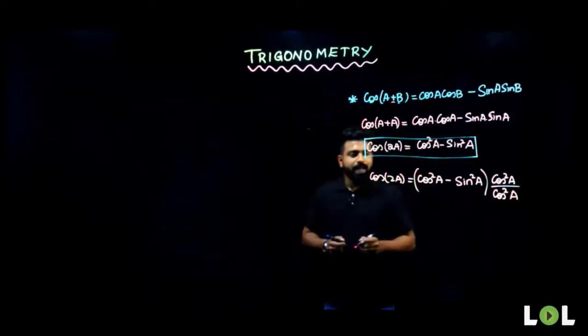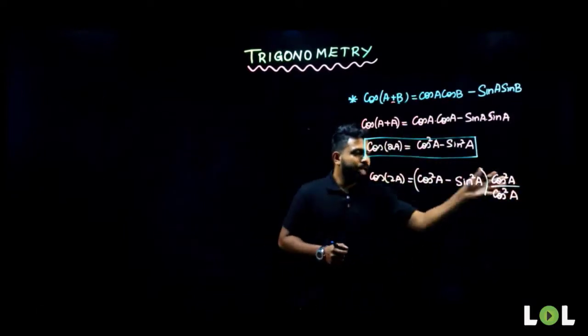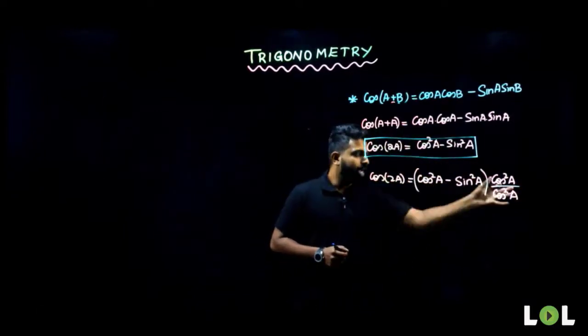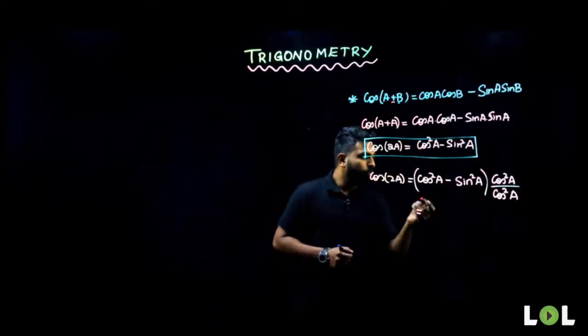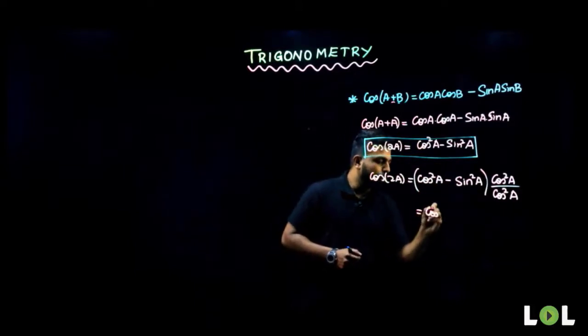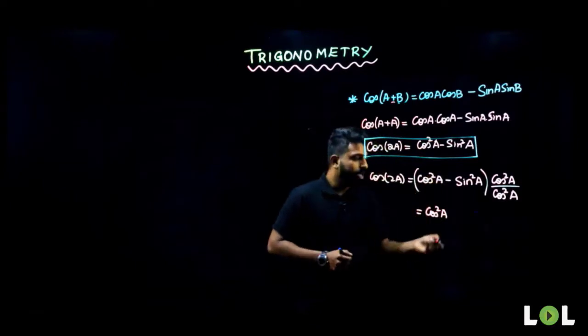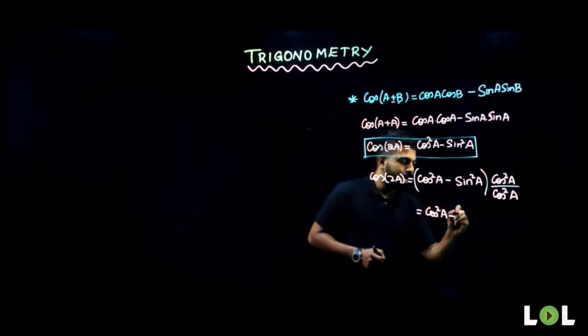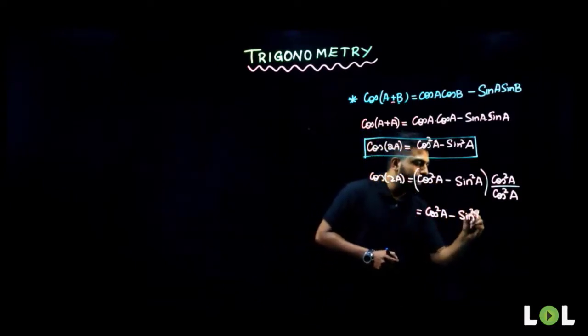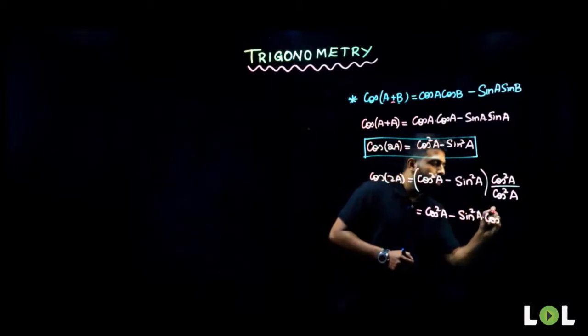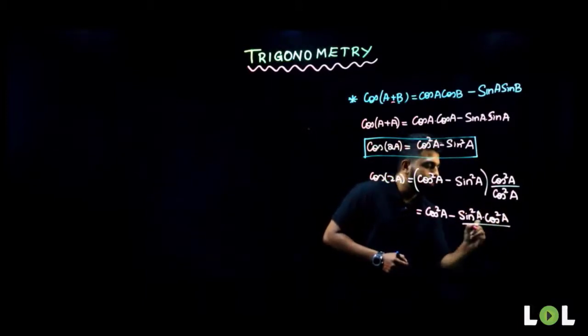So now what do I get? Here cos square a into cos square a becomes cos power 4 a divided by cos square a. What will I be left with? I'll again be left with cos square a only. It will not make any difference here. Here what will I be left with? I'll be left with sin square a into cos square a all divided by cos square a.